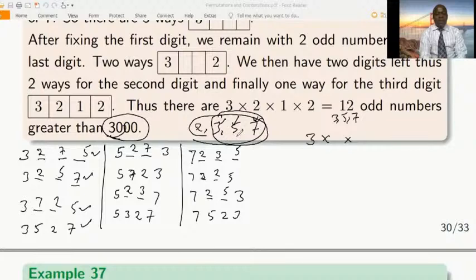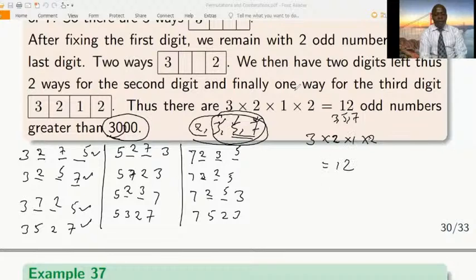But the last digit is supposed to be odd, so we are left with 2. Once you fix the first and the last number, you're left with 2 other numbers, and any of them qualifies to be the second number. Once you fix these 3 numbers, you're left with one number. This gives you 12.